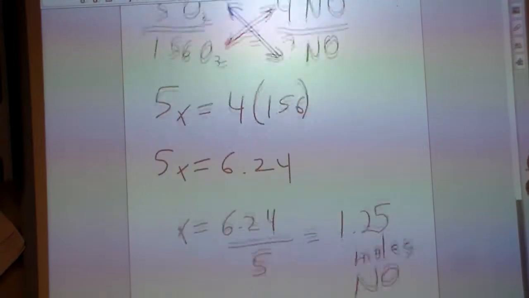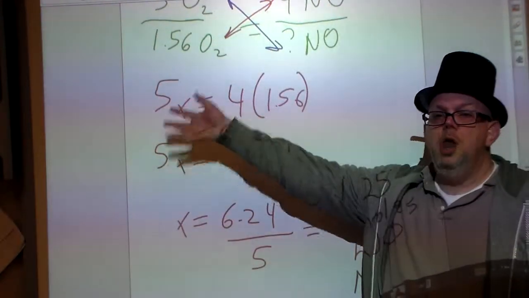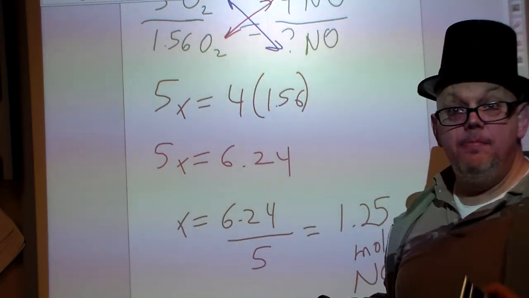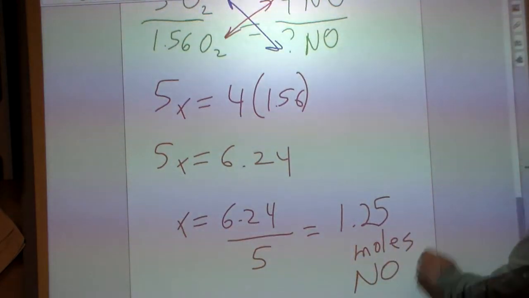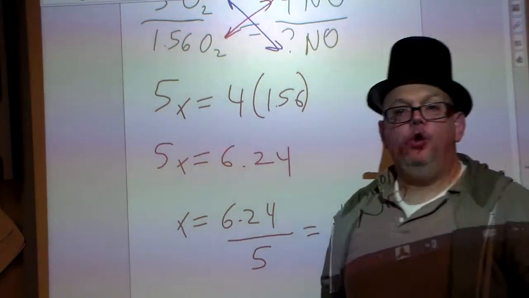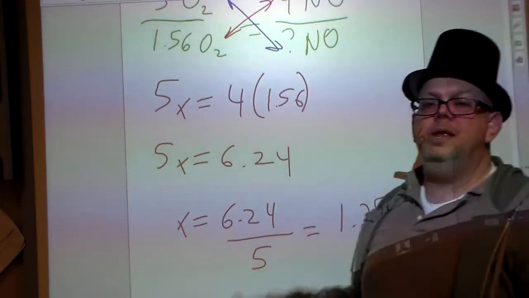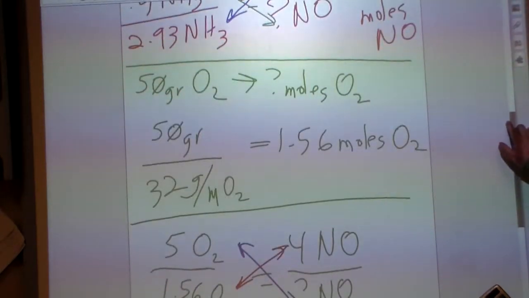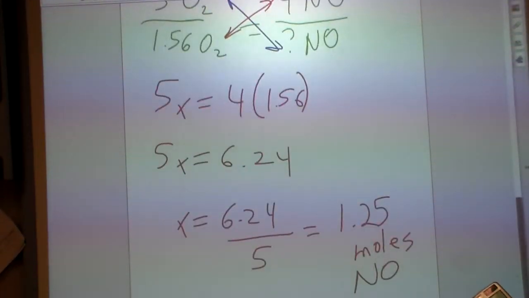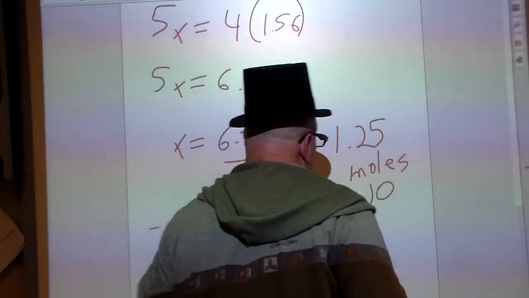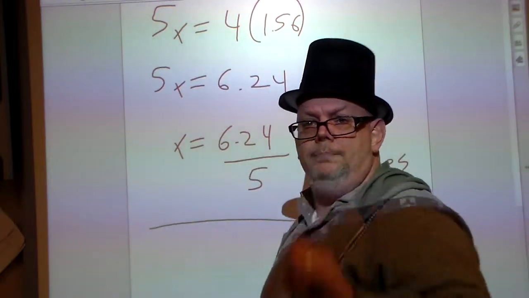Okay? Then we go with the oxygen, burn up the oxygen in excess NH3, the ammonia, and now we have 1.25 moles of NO are made. Now the question comes down to, okay, now I know my numbers. I've got 1.25 and I have got 2.93. Which one am I going to use? Okay, you go with the lower number.